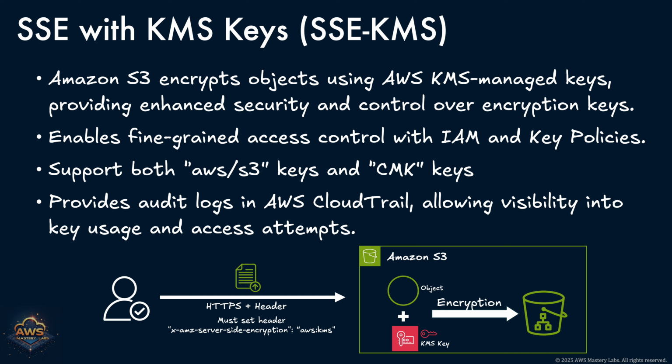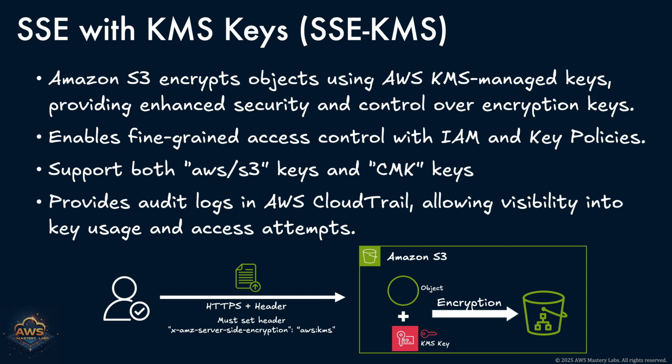SSE-KMS integrates tightly with IAM and key policies, enabling fine-grained access control. It also provides detailed audit logs through AWS CloudTrail, helping you track how and when your keys are accessed for compliance and security visibility. For organizations that require stricter governance or need to meet regulatory requirements, SSE-KMS supports automatic key rotation for CMKs and allows you to enforce encryption via S3 bucket policies or default encryption settings.